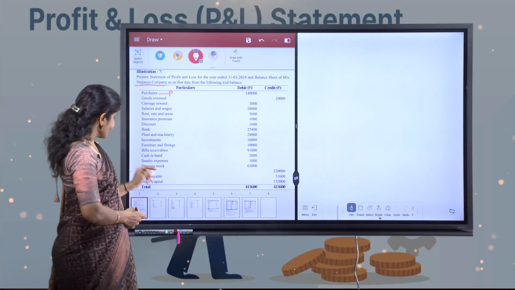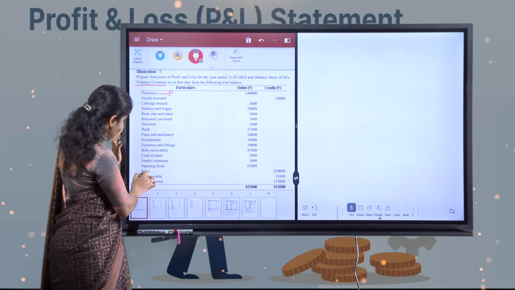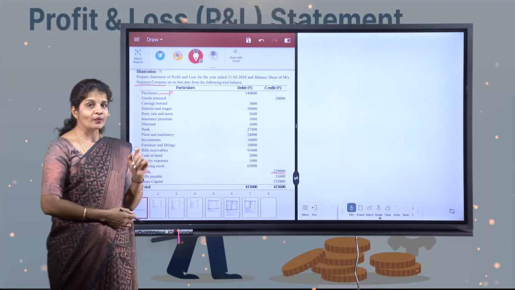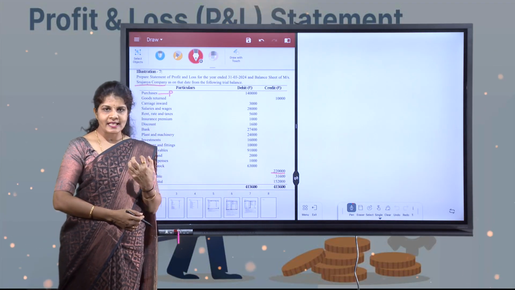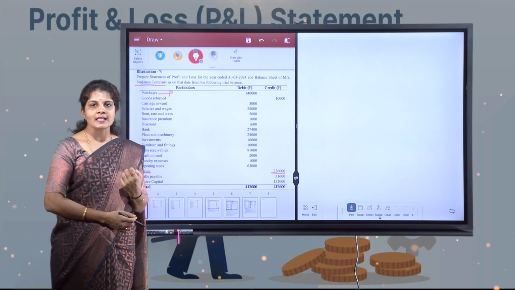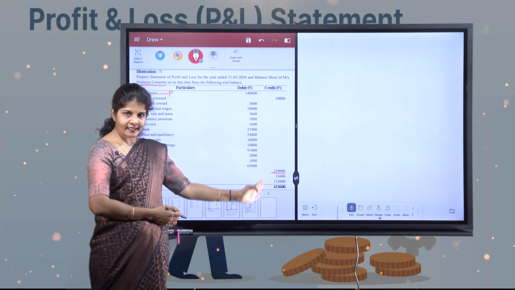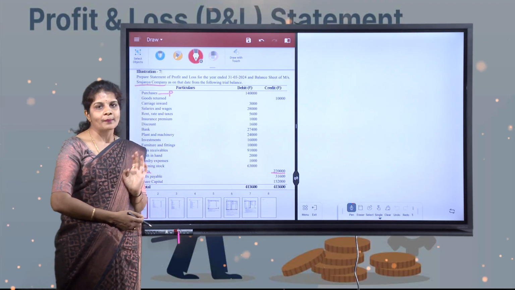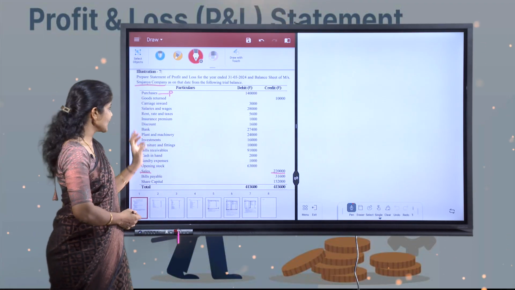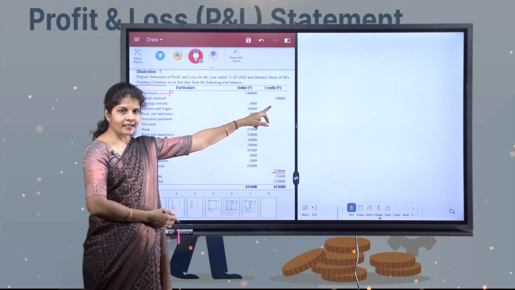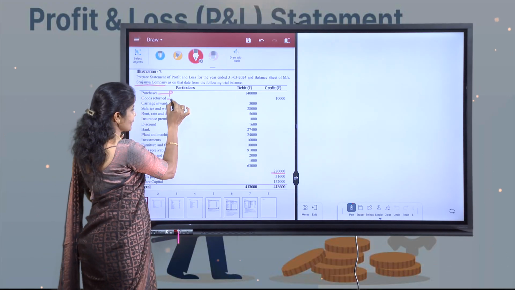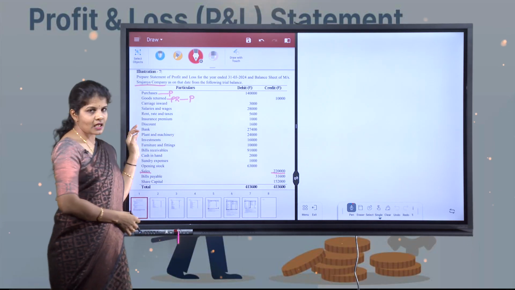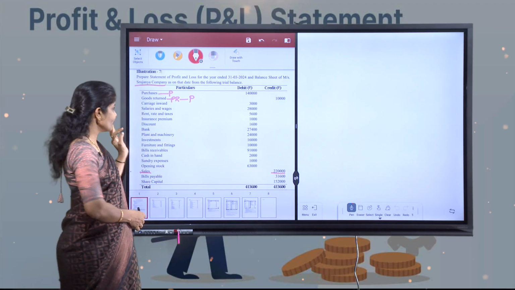Sales is a credit balance, because sales means the sales revenue you are earning, that means it is an income, and income should always be a credit balance. If the return belongs to this, it should always be a debit balance. That you should understand. So this goods return is a credit balance, that means it is a purchase return, and this purchase return will be taken to the profit and loss statement only for the calculation of cost of goods sold.